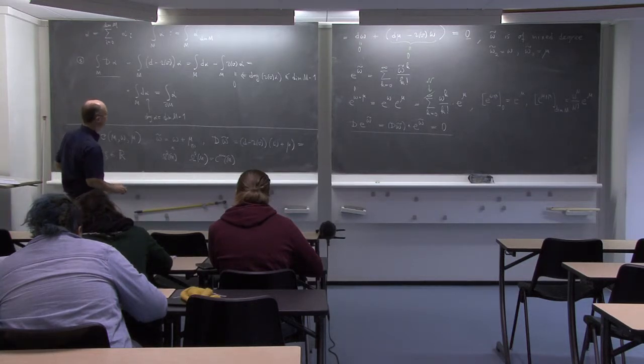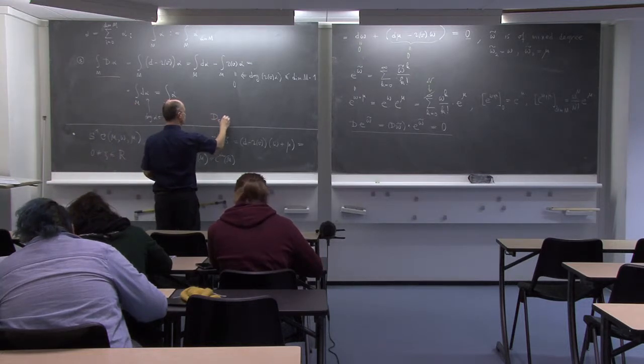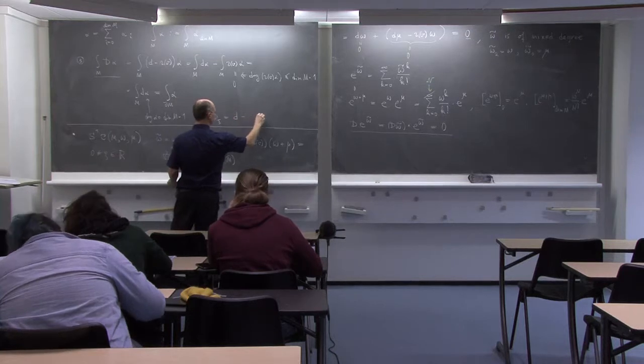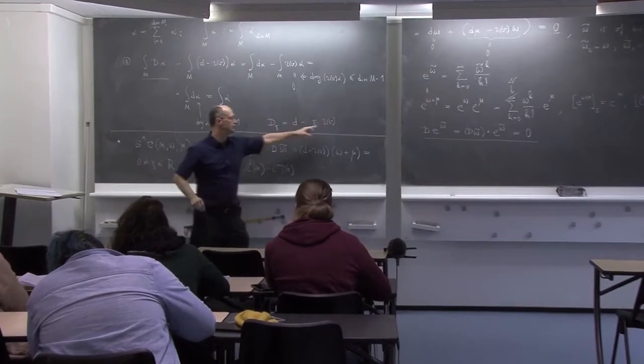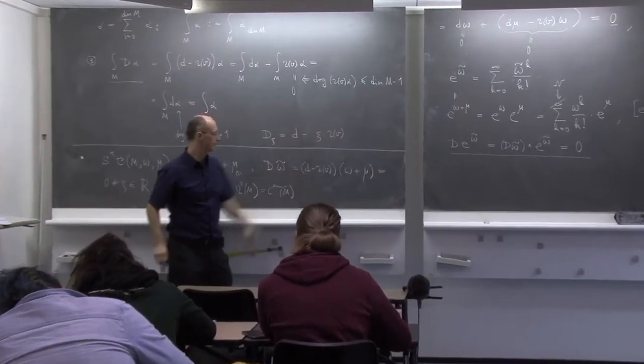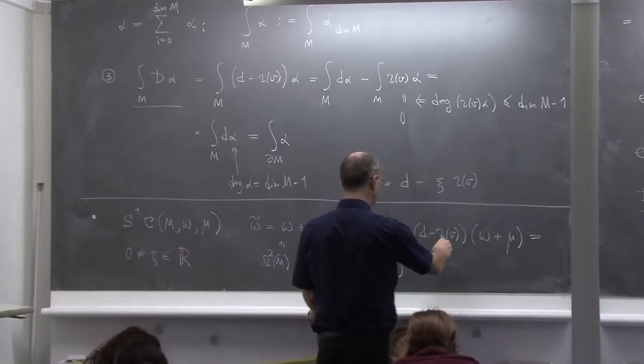And let me do the following. Let me introduce d psi, which is d minus iota v. And here I want to multiply v by psi.